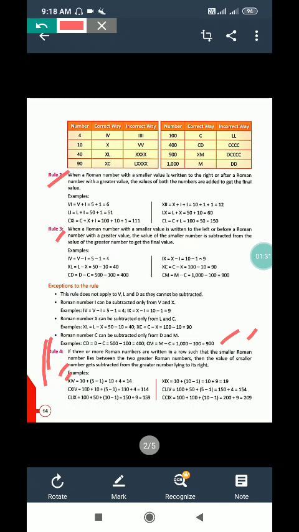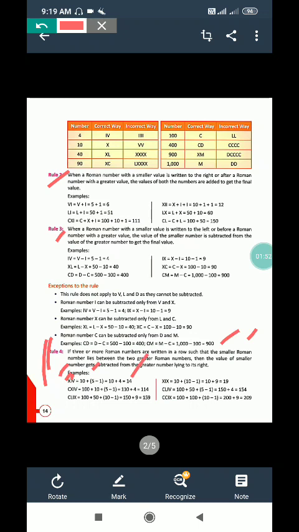As we know, if I comes before any number, it would be subtracted from that value. Here I comes before V, so 5 minus 1 is equal to 4.